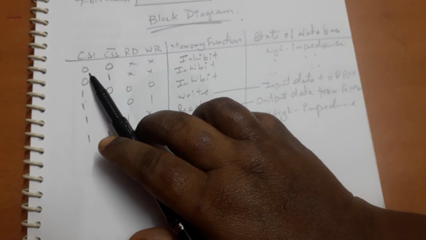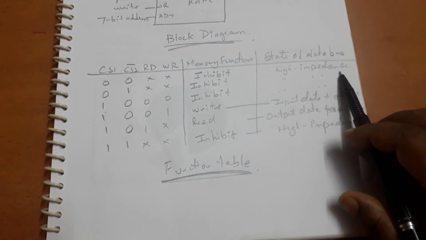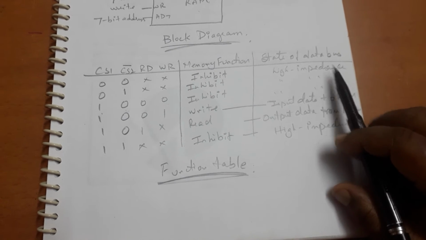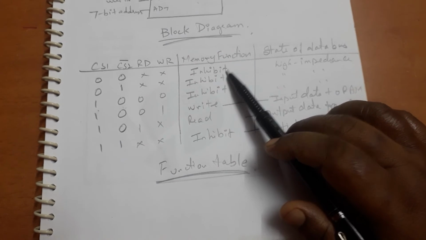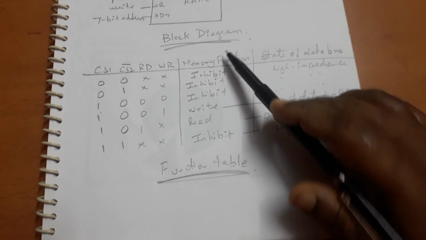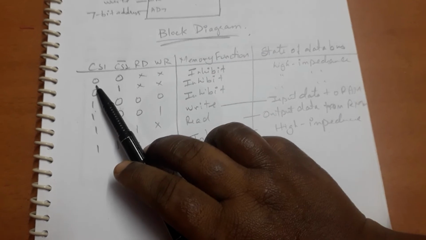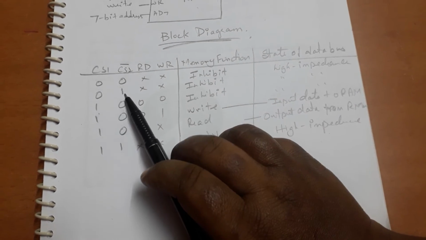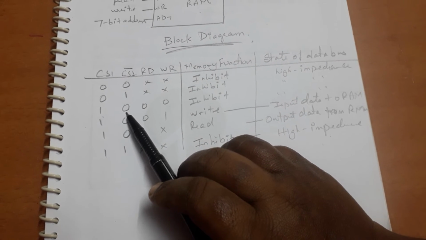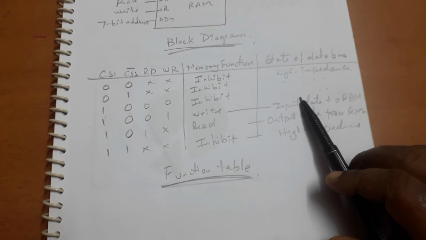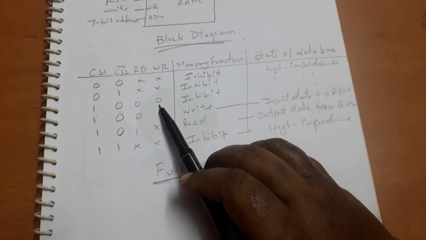If you look at the first part, if you are applying 0, 0, it goes into a high impedance state. We are all familiar with what high impedance is. The memory function is inhibited, that is, it is not doing any work. In the same way, with 0, 1 also it is not working. The next possibility is applying 1, 0, but it is still in the high impedance state, because neither of the operations is enabled here.